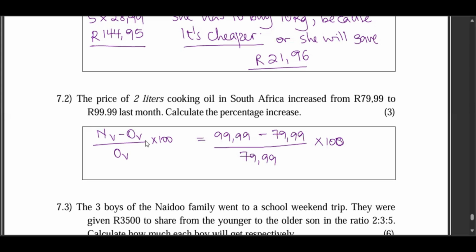So we get the difference there. I believe it was 20. Get the difference there, 99.99 minus 79.99 is 20. So what do we do?